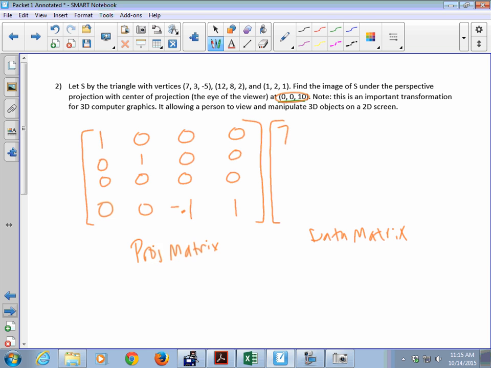So my points are 7, 3, negative 5, add a 1 for the homogeneous coordinates, 12, 8, 2, 1, and 1, 2, 1 with the extra 1. So I'm going to multiply these together. And my result is going to be close to the answer, but not quite.